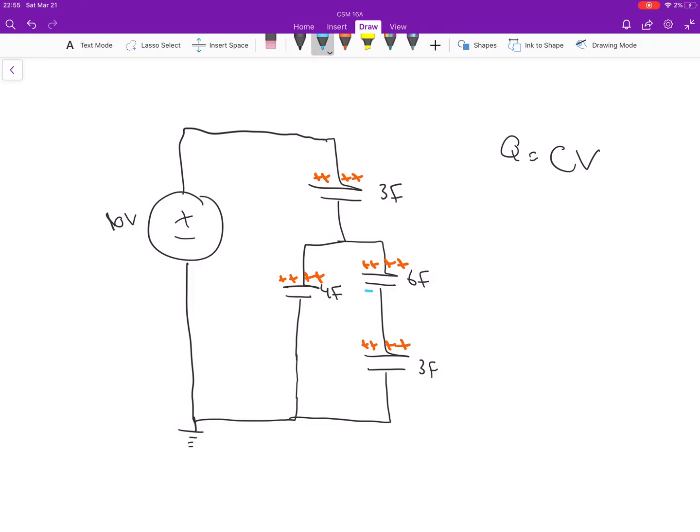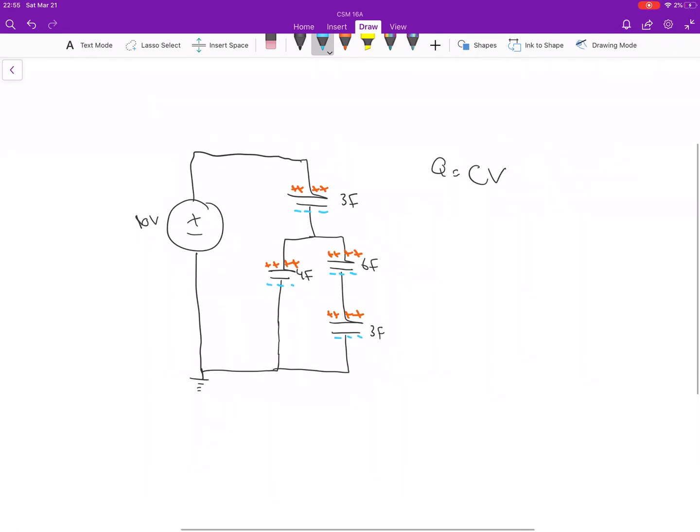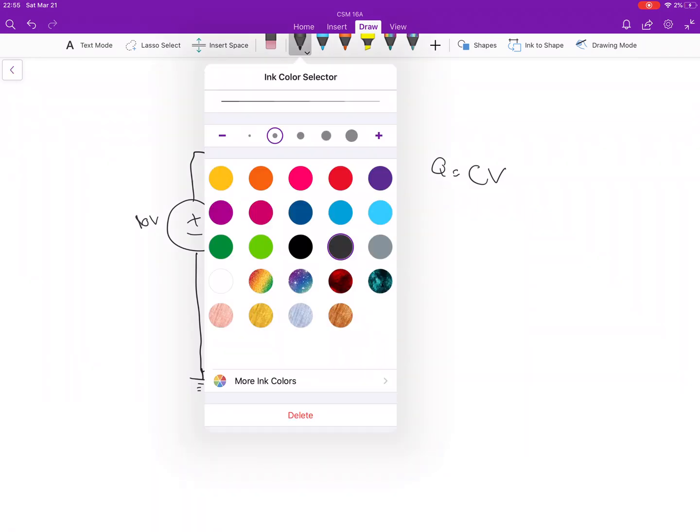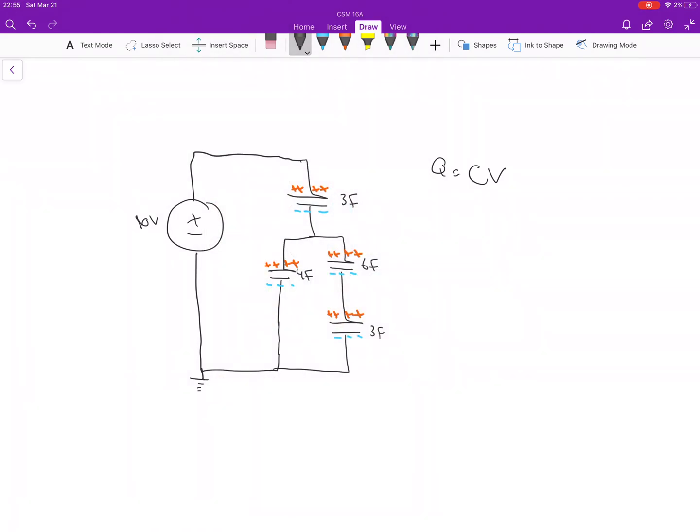And then on the bottom plates, you can have negative charge. Okay, so we labeled them, and then let's give our capacitors some letters, sorry. Let's say this is C1, this is C2, C3, and C4.